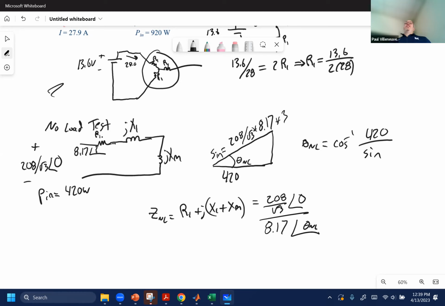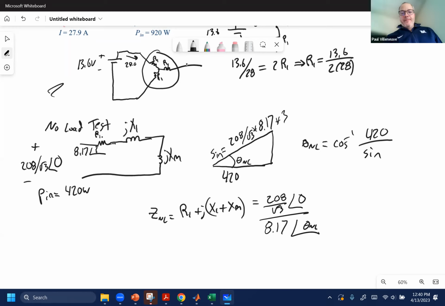Don't forget, though, this is the case where you have to decide if you're going to put a positive or a negative with the angle for theta no load. And because this is a lagging power factor, the current angle needs to be... lagging power factor. What lags what? Current lags the voltage. At the voltage at an angle of 0, what kind of an angle does the current need to be at?